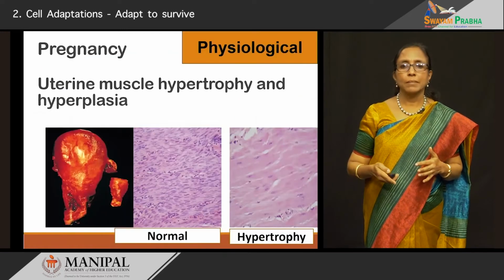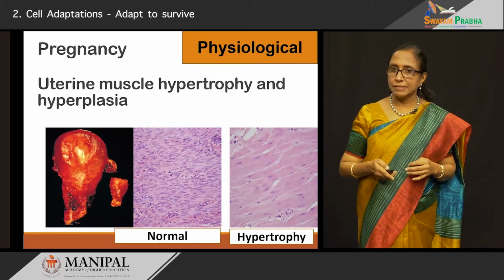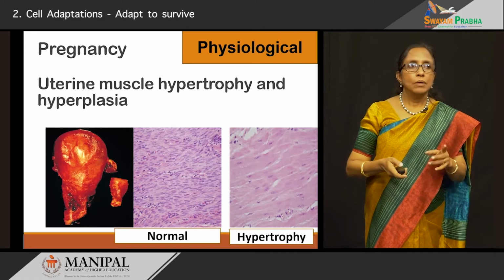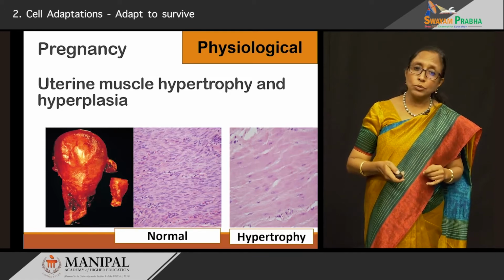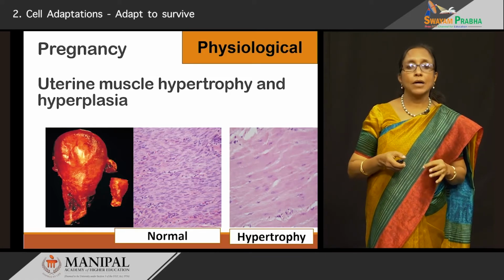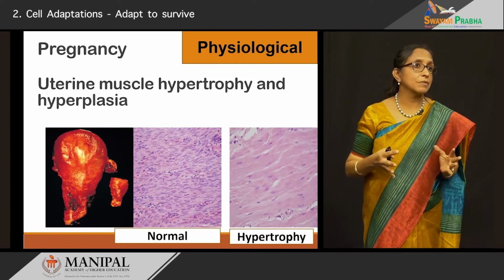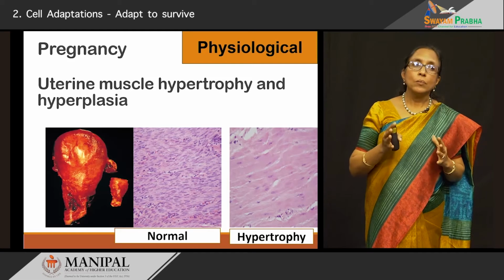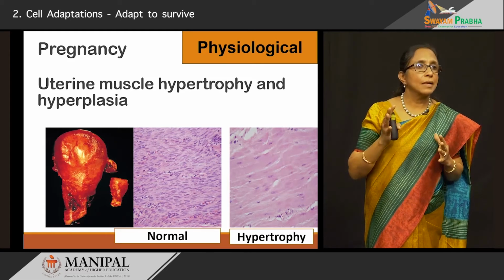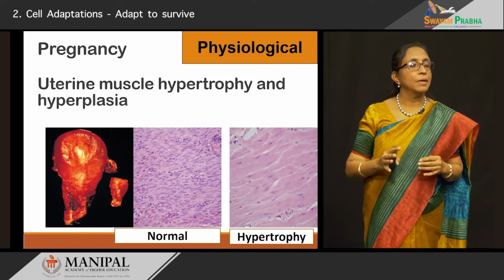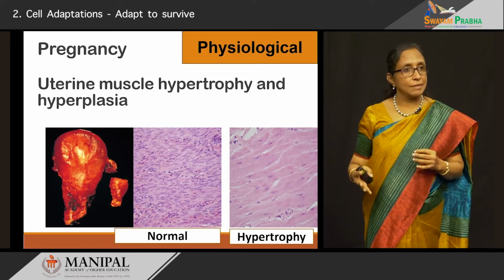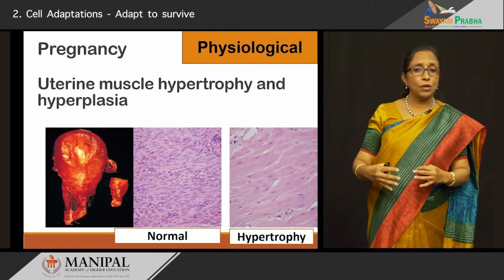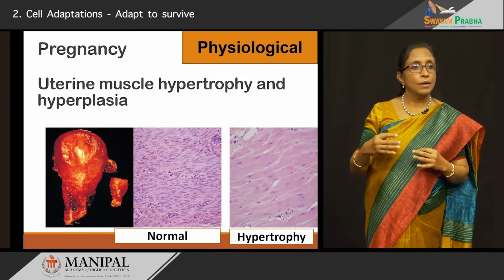To look at some examples, in pregnancy, a physiological example. The diagram depicts the normal uterus and also the enlarged uterus. You can imagine the difference in the size of the uterus, and the uterus has increased in size, and we are seeing that the smooth muscles that form the myometrium are increased in size. We saw the reason for the increase in size, the increase in the cellular components and the nuclear components.